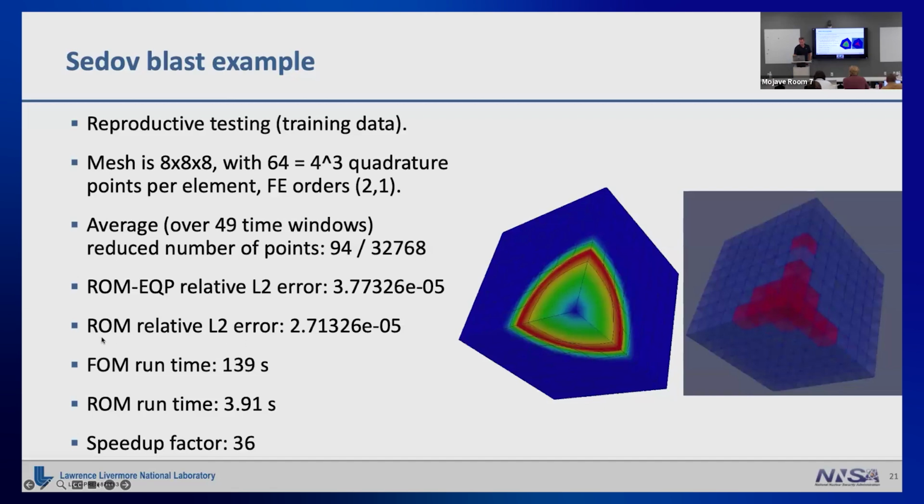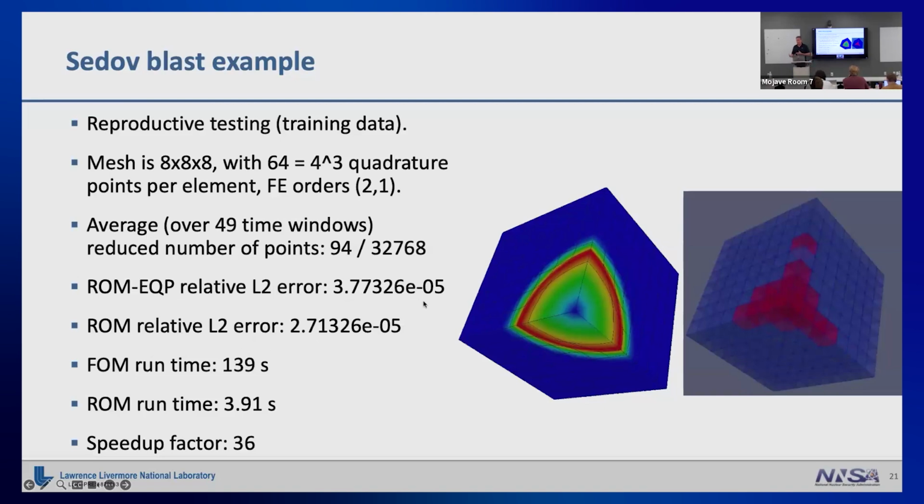If you just use the reduced space with the full integration, the error is about 2 times 10 to the minus 5. If you put in the reduced integration rule, the error goes up only slightly to 3 times 10 to the minus 5. So still very accurate.